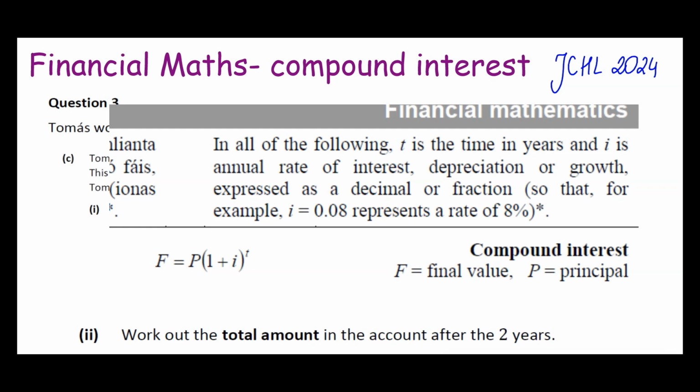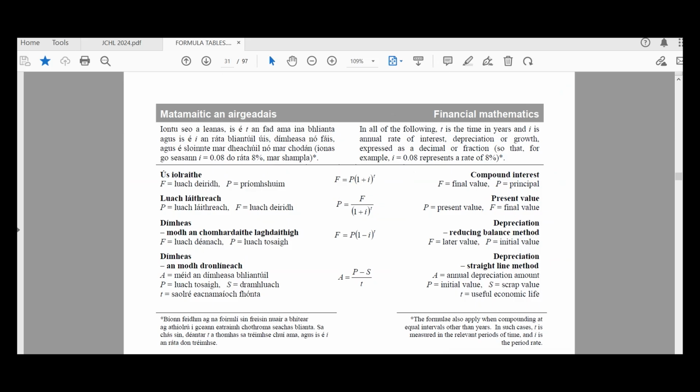Now, there is another additional piece of information here at the bottom of that page of your table, basically saying that the formula also applies when compounding at equal intervals other than years. In such cases, t is measured in the relevant periods of time, and I is the period rate.